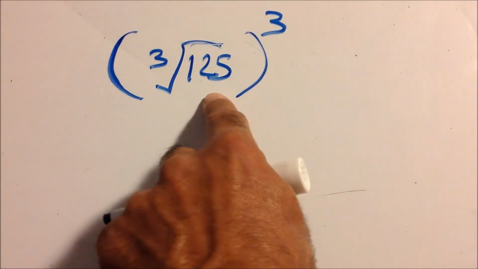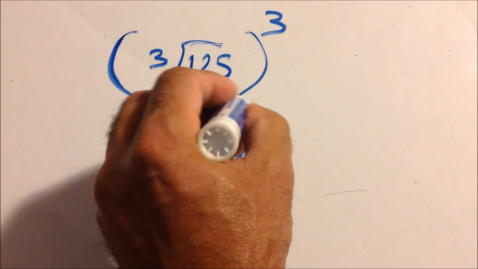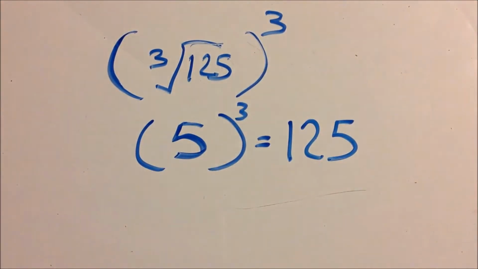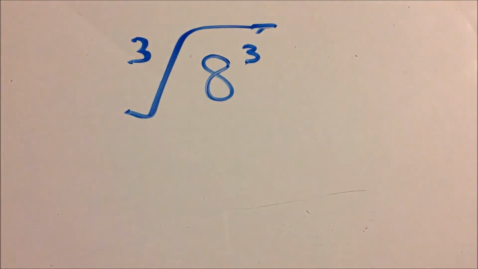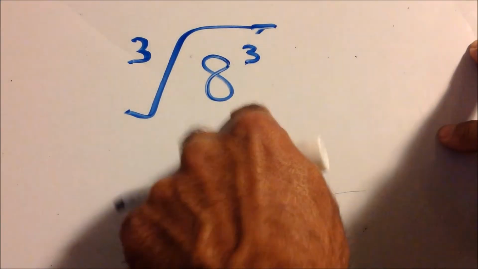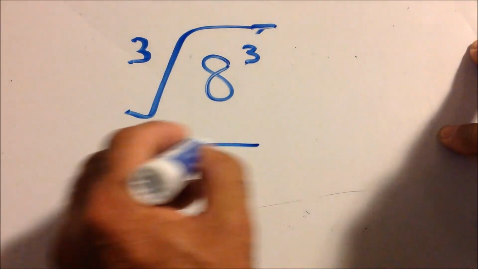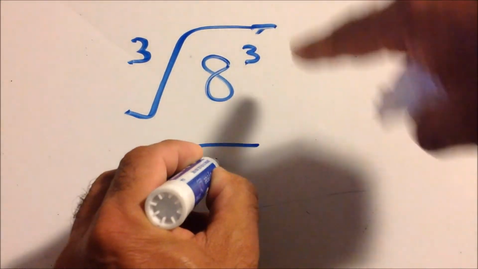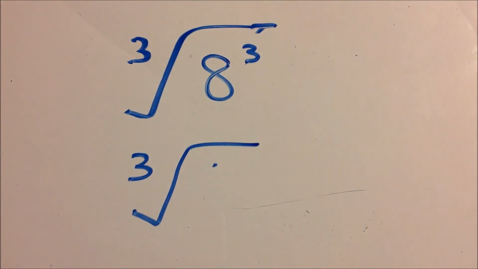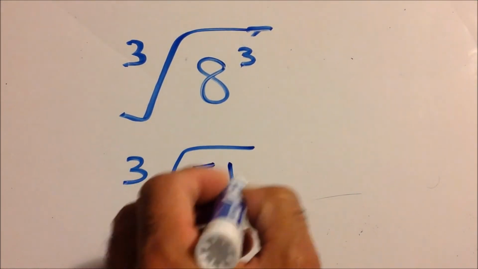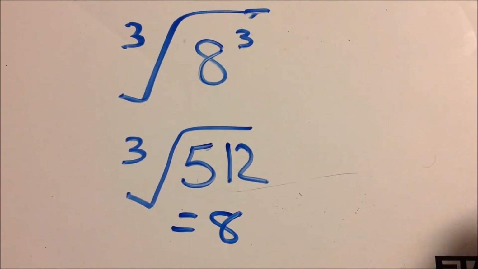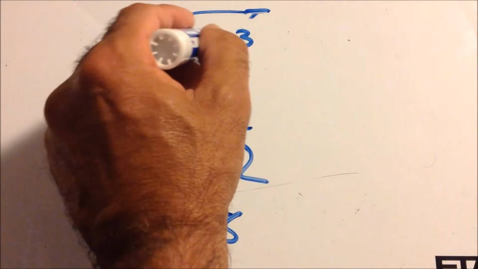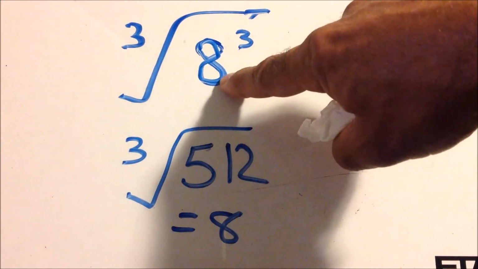Well, we know that the cube root of 125 is 5, and then 5 cubed is 125. Okay, we can also do something like this. What if we had the cube root of 8 cubed? Like order of operations, we need to do what's inside the radical first. So that's actually saying, what is the cube root of 8 times 8 times 8? So what do you think that answer would be? So that's saying the cube root of 512, which we know is 8. In fact, you don't have to do that much multiplication. Just look at the base of the exponent, and that'll tell you the answer.